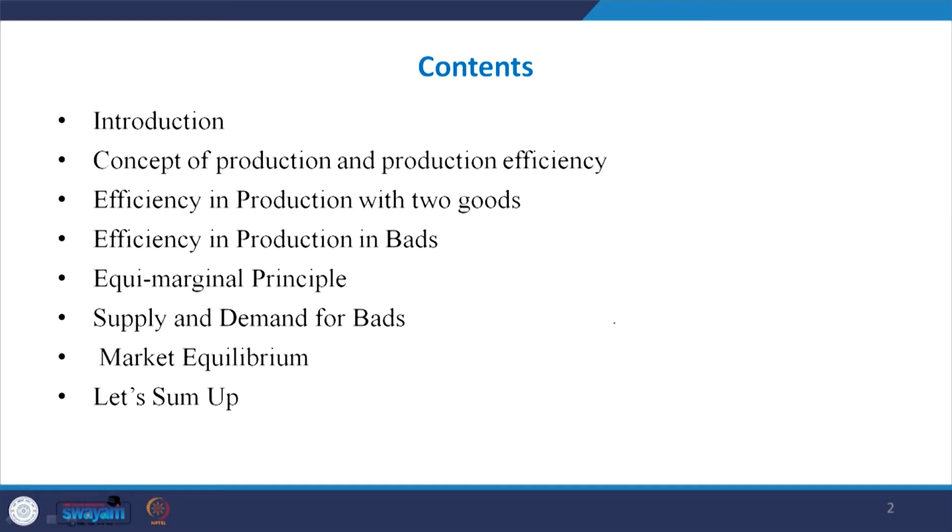Then we take one good product and other bad product like garbage, and after that I will explain to you the eco-marginal principle and then how to determine the demand and supply curve for the bad product, and finally how the market equilibrium is achieved.